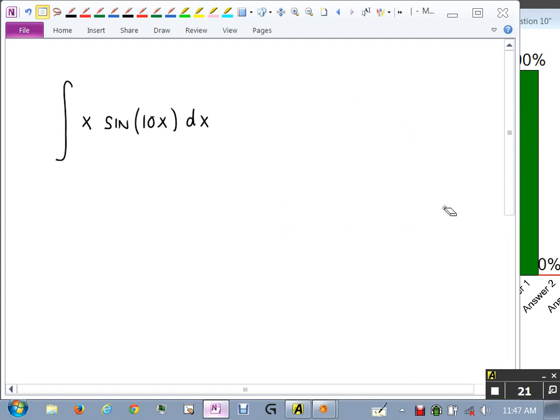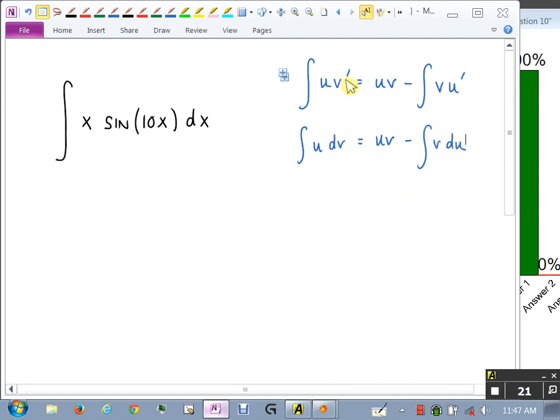So now for integration by parts, I want to remember what was it? The integral of u v prime equals uv minus the integral of v u prime. Now, I'll put underneath here another way of remembering it. I don't know why I didn't put this in my notes.